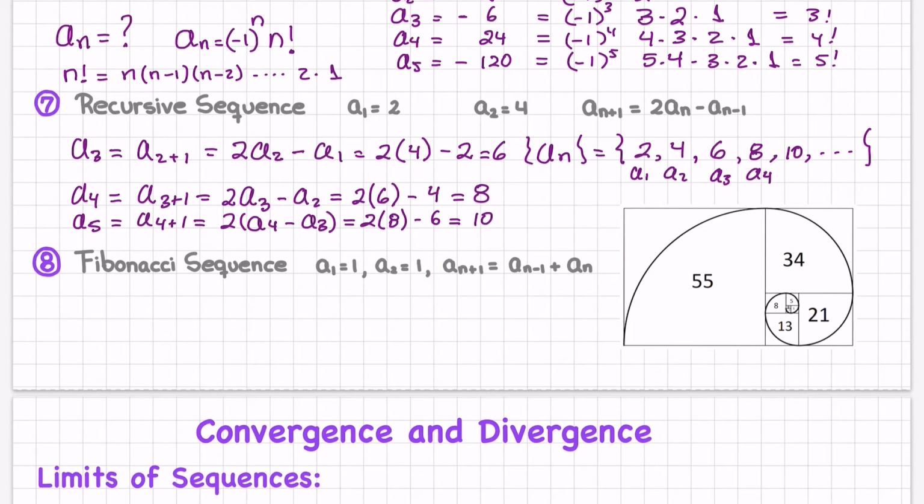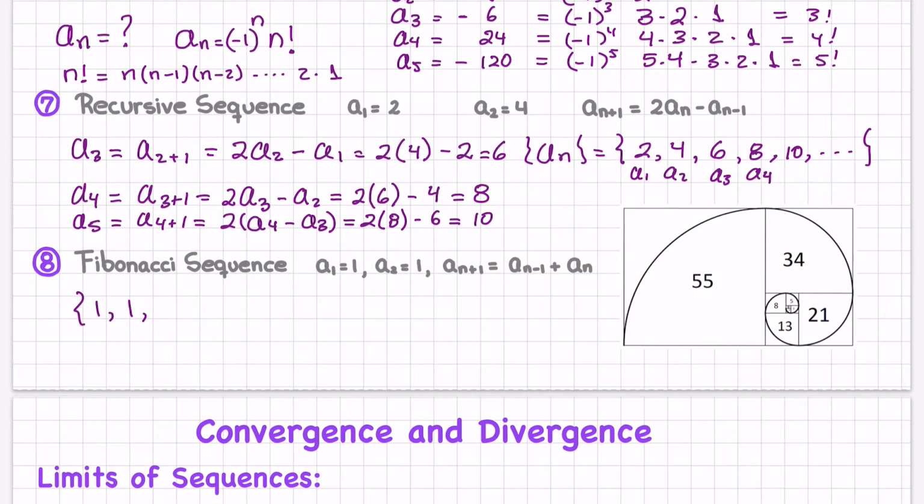So let's look at the first few terms. If we want to list the terms here, it's very easy, because what is it saying? Take the first term to be 1, the second to be 1. But then the next one, a(n+1), is take the two previous ones. Previous to n plus 1 is n, and previous to that is n minus 1. So take the two previous ones and add them.